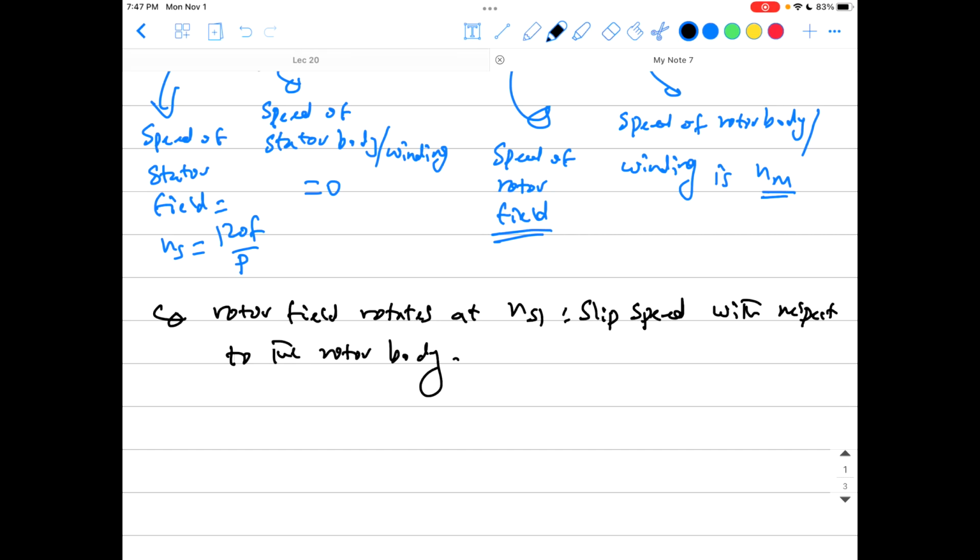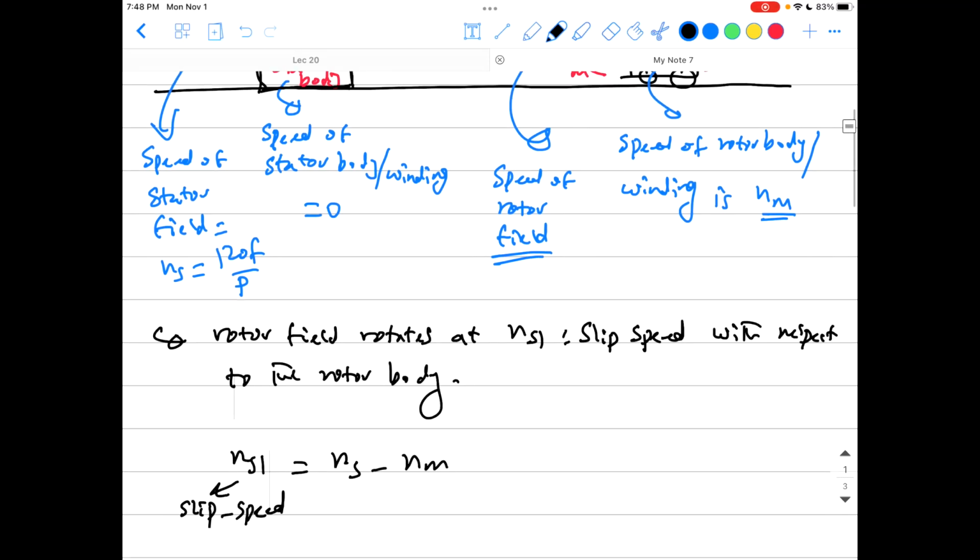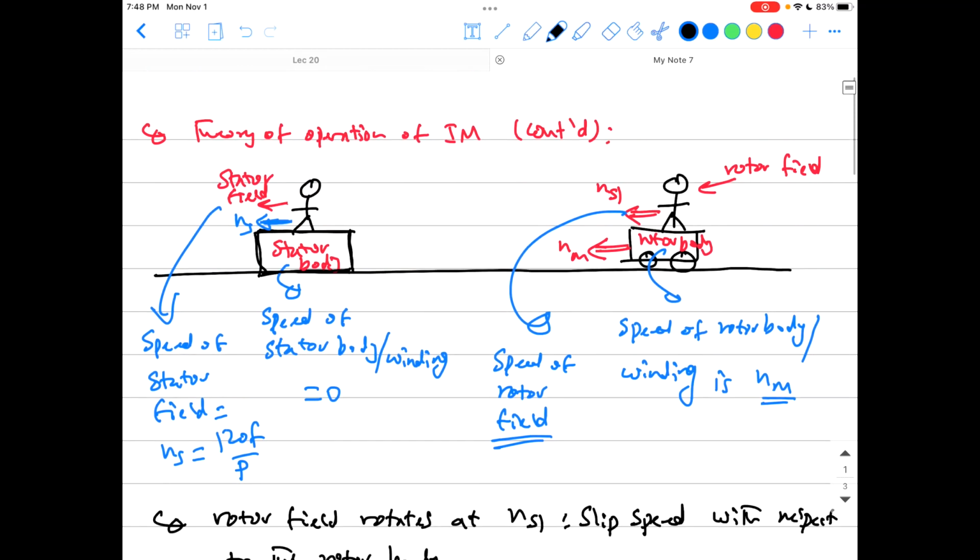And this slip speed Nsl equals Ns minus Nm. That's very important to know. We call this the slip speed, and it's how much your rotor is slipping behind the magnetic field. So this guy here, which is your rotor field, is rotating at this slip speed with respect to the rotor body itself.